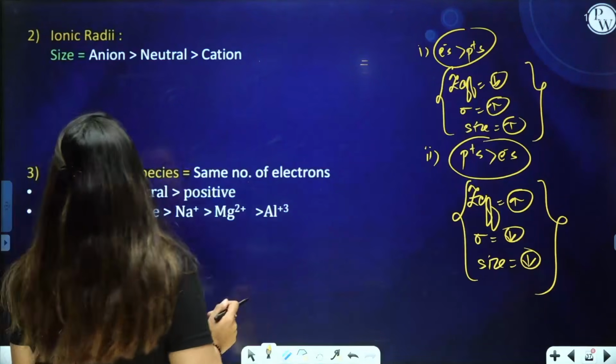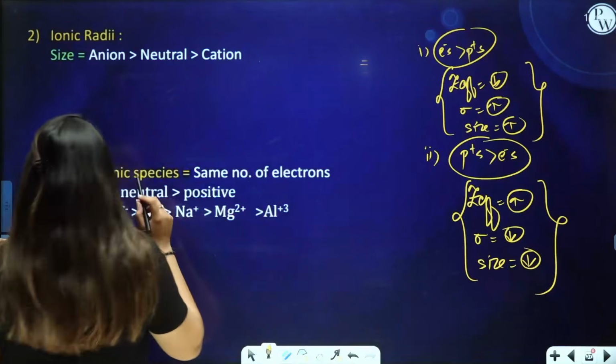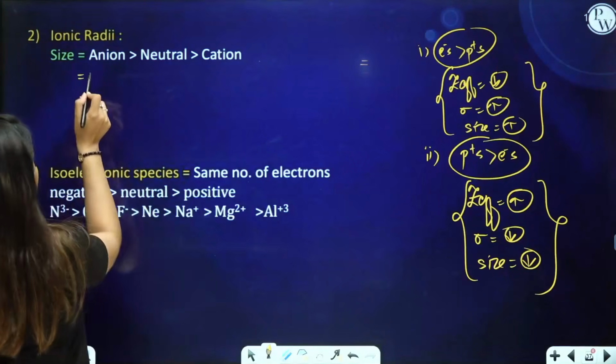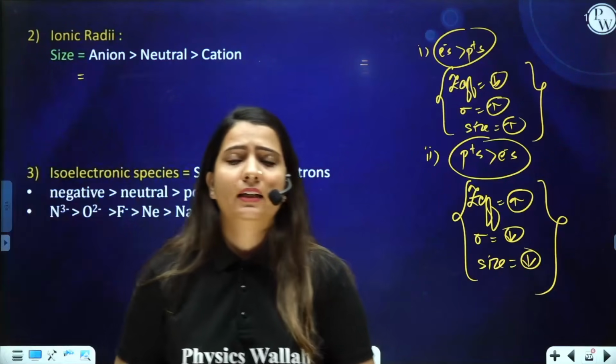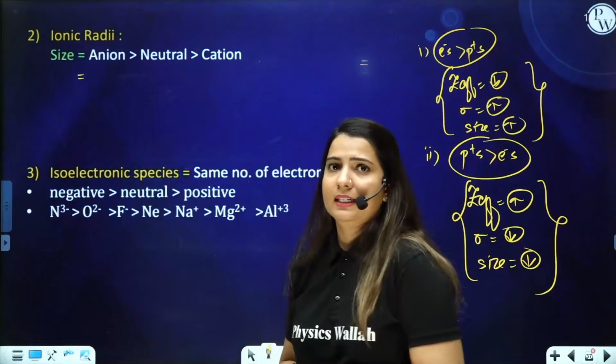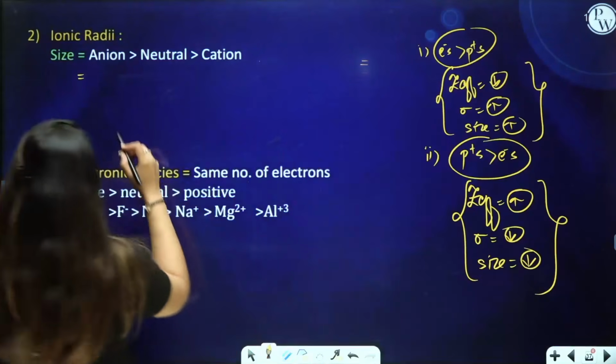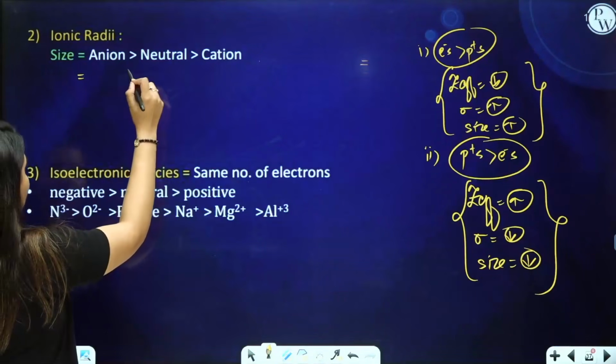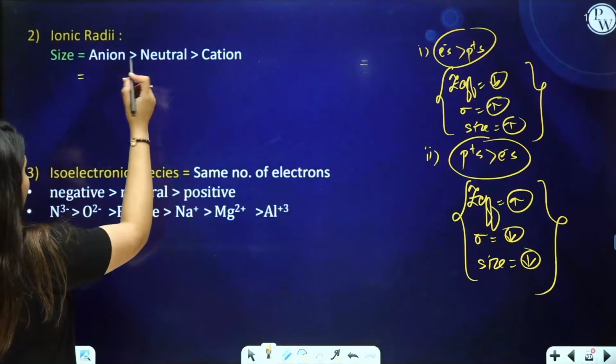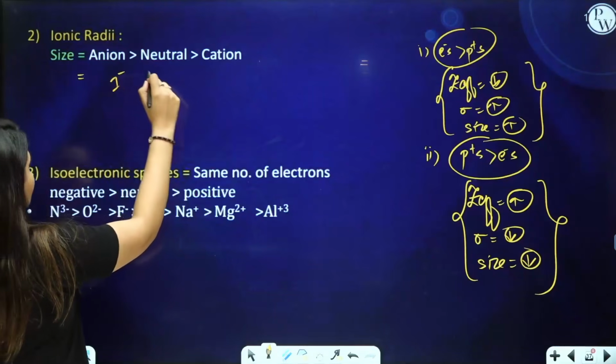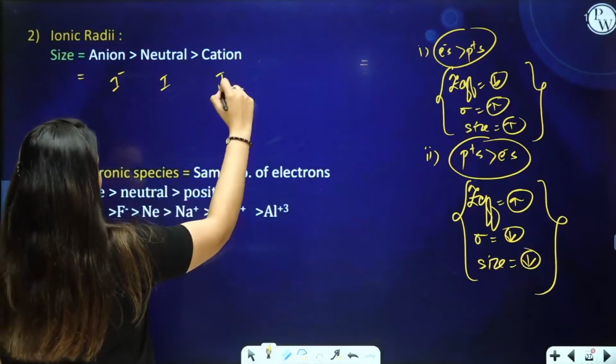So, anion, what is happening? The size of the anion is always greater than the neutral atom and greater than the cation. Let's say I have I negative and I positive.